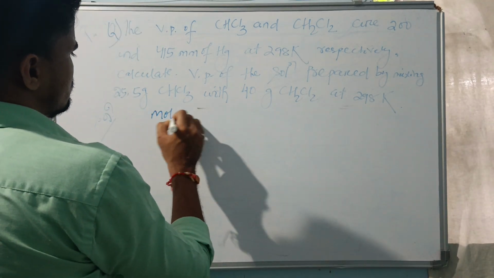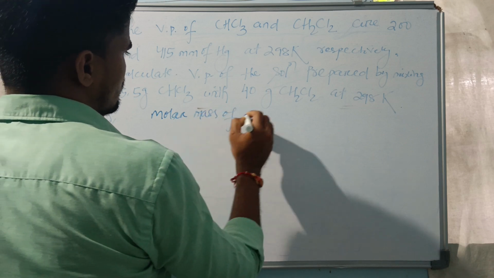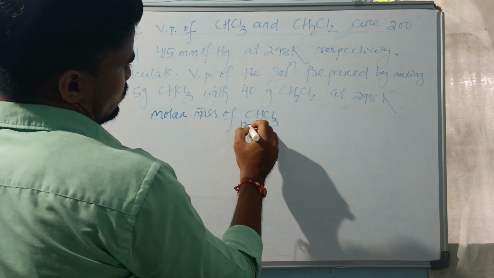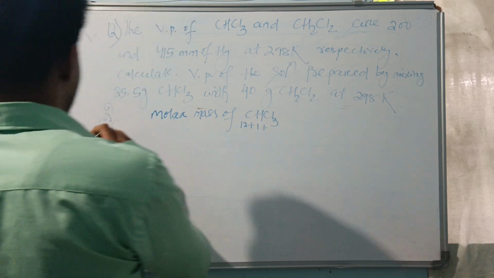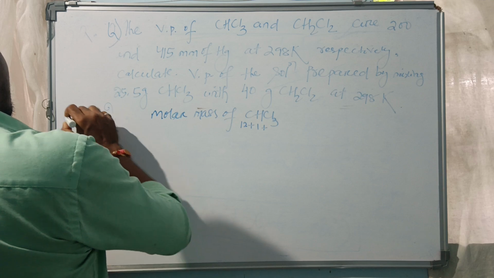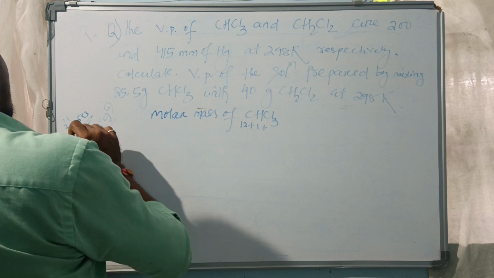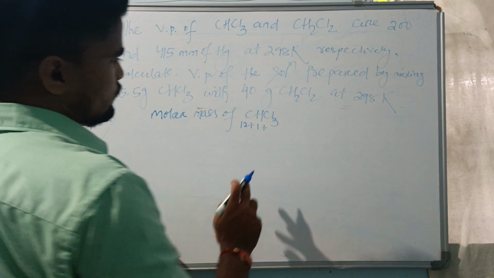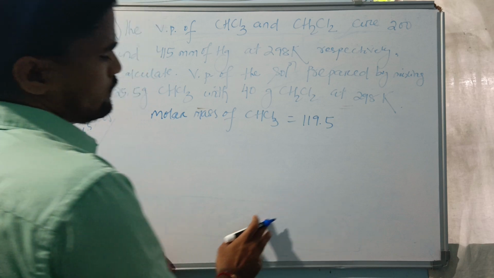So molar mass of CHCl3: 1 carbon, mass of 1 carbon is 12, plus 1, plus 35.5 into 3. So 35.5 into 3 is 106.5, plus 17, that means it is coming out 119.5.